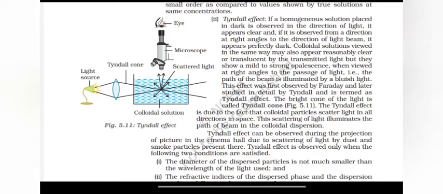That is, the path of the beam is illuminated by a bluish light. This effect was first observed by Faraday and later studied in detail by Tyndall and is termed the Tyndall effect. The bright cone of the light is called the Tyndall cone.